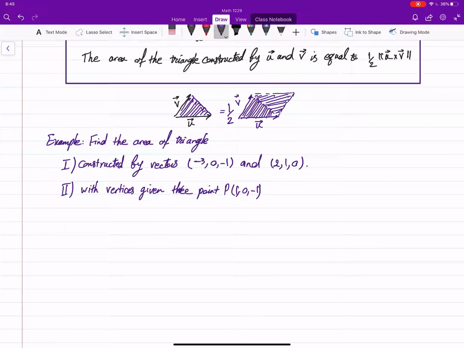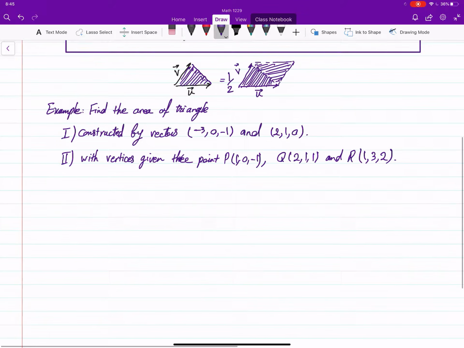This is P. Q is 2, 1, 1. And the third one is 1, 3, and 2. Okay, let's try to do the first one.